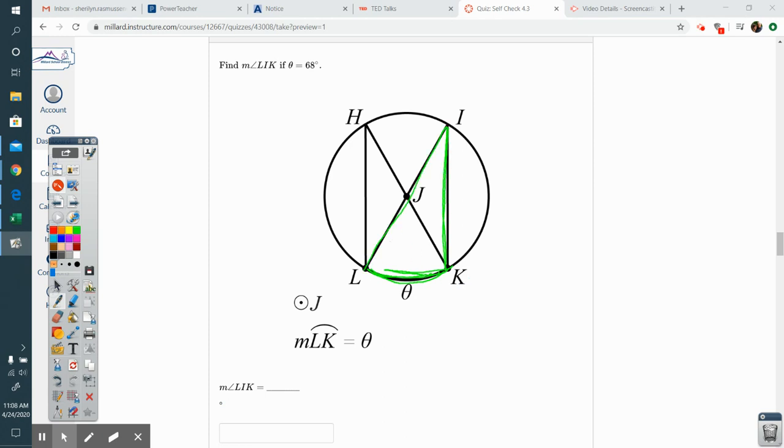It's still considered a cone because it touches this point and this point. So if this theta is 68 degrees, then this angle here, which it's asking for, is half of this still. So you just take 68 and divide by 2.